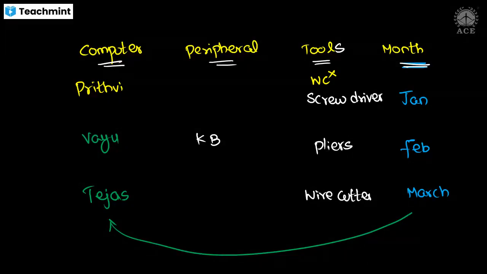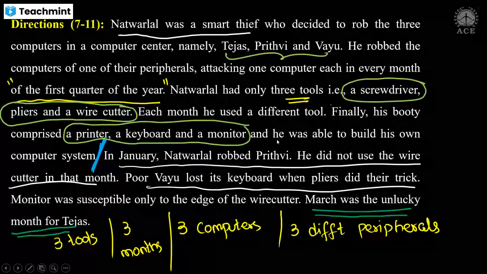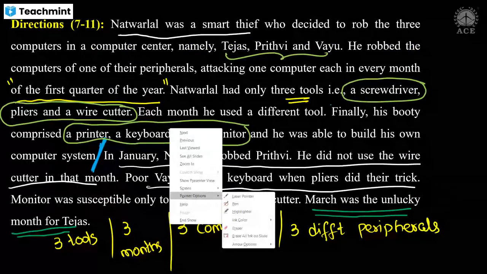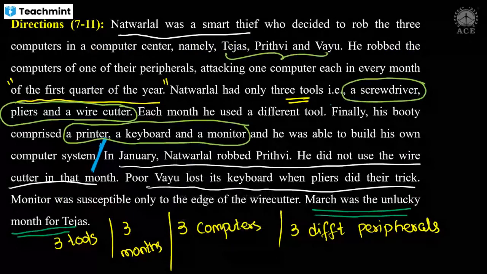Yeah, I hope you just see this. What's the arrangement? If you just try, my dear friends, if you see, yes, many people have solved it already. Keyboard, fine. There is one more data. If you observe, the monitor was suspected only at the edge of the wire cutter. So using the wire cutter, the peripheral taken indirectly, you can see here, is the monitor, affected by the wire cutter.